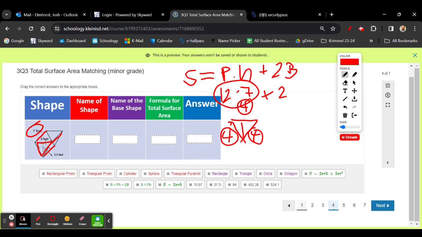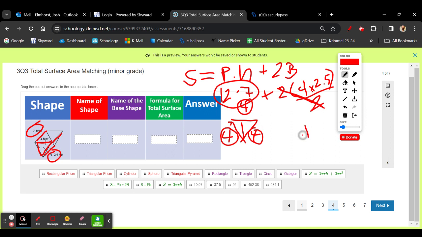So it's 2 times the base area, and the base area is going to be 4 times the height of the triangle, 4 times 2.5. Let's put the multiply in there. And because it's a triangle, it's going to be divided by 2. So multiplying by 2 because there's 2 of them, and then dividing by 2 because it's a triangle, those are going to offset.